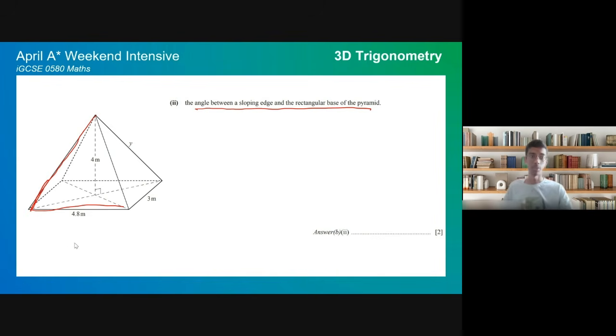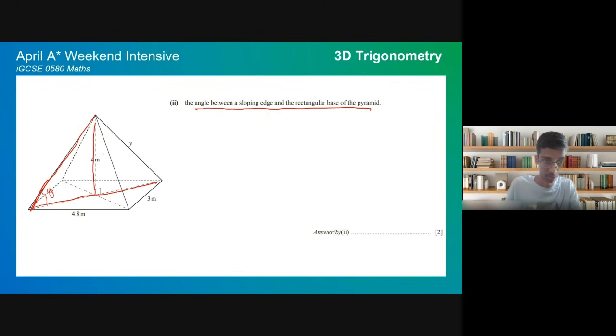But remember, we're thinking about a 3D shape that's intersecting the base. So if we actually think about the angle that is intersecting the base, it would not be this side length, rather it would be this right here. If you imagine it in 3D, that would be the angle that it's making with the base itself. So again, we need to find this angle here.